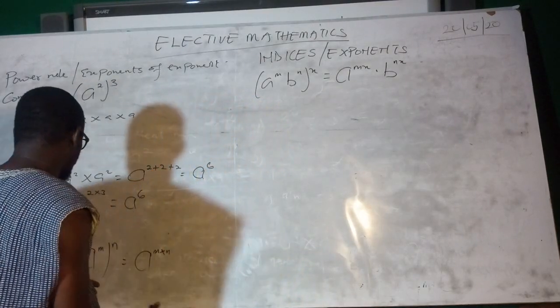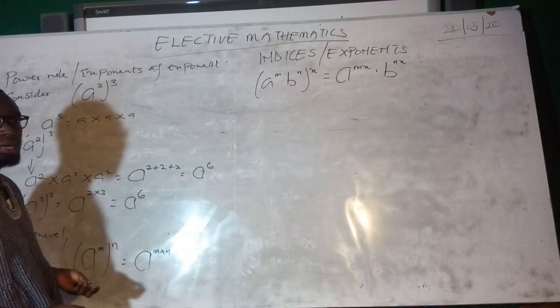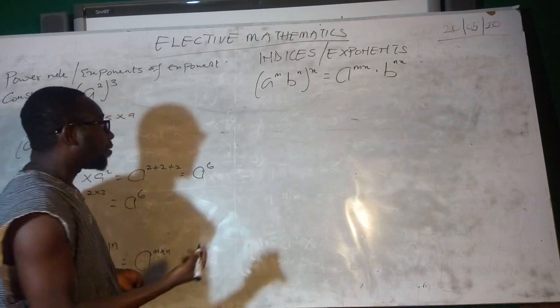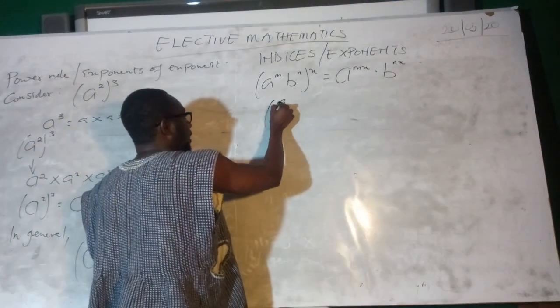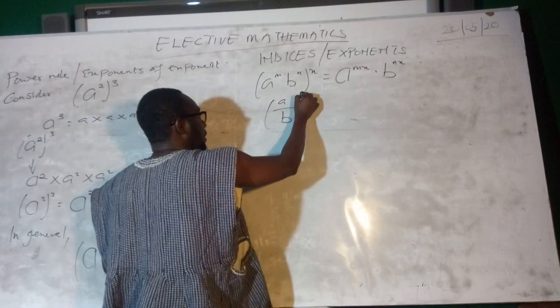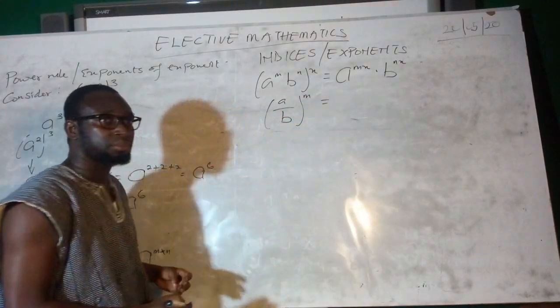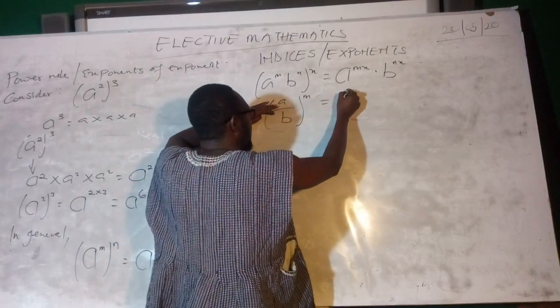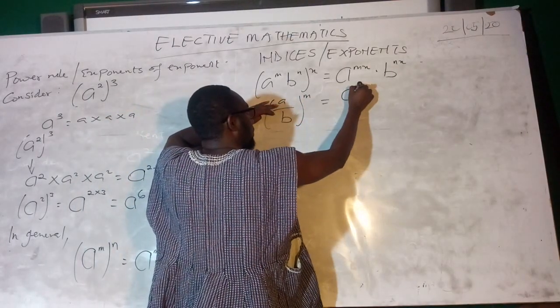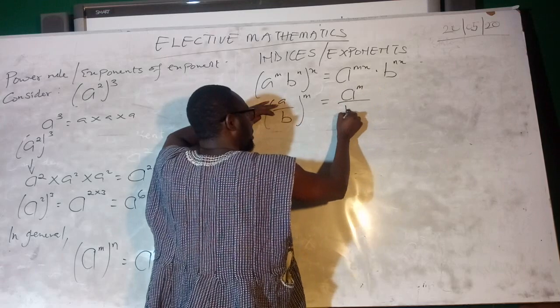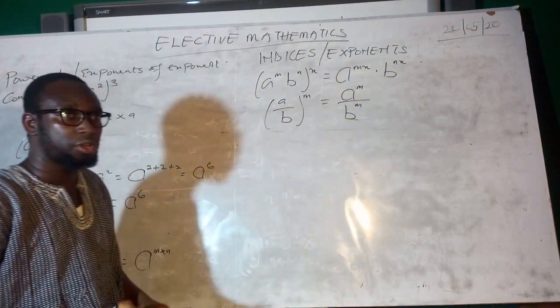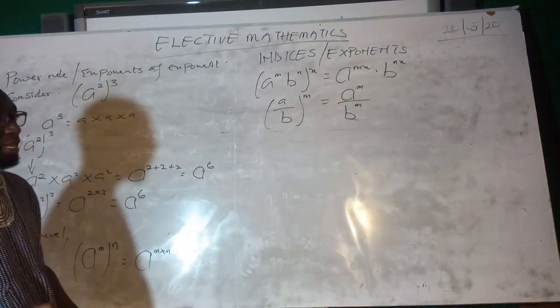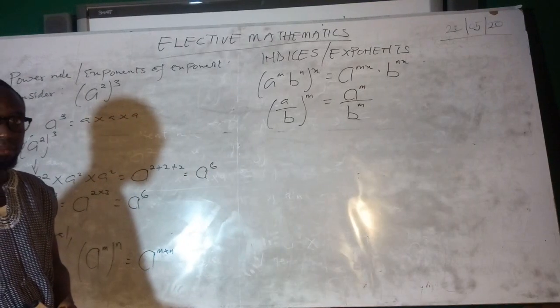So there is also a result from the first one that we have over here. Okay, when we have, let's say, a over b all exponent m, that is also written as a exponent m over b exponent m. So that is also a part of the exponent of exponents.